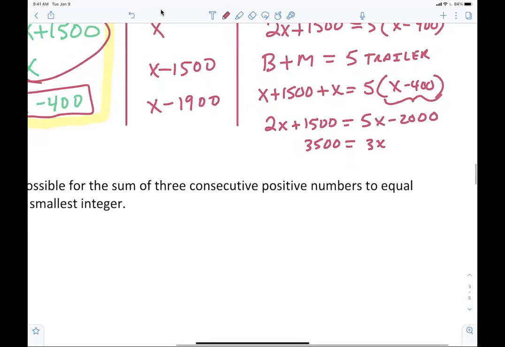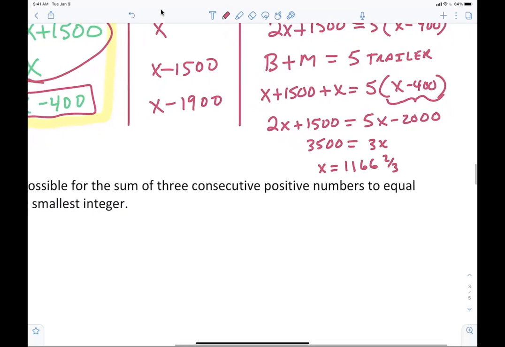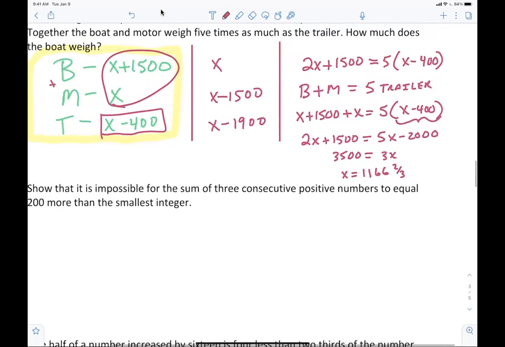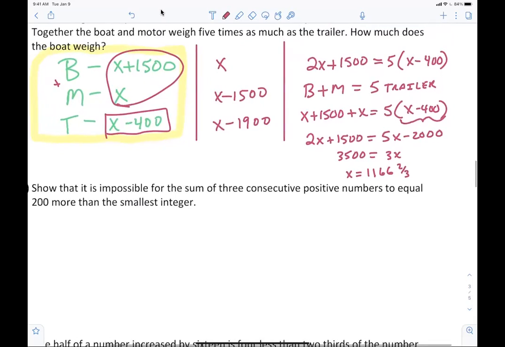And so X is equal to, it was 0.66, right? So that'd be 2/3 pounds. So what does X represent? The motor, all right? So that's pounds for the motor.